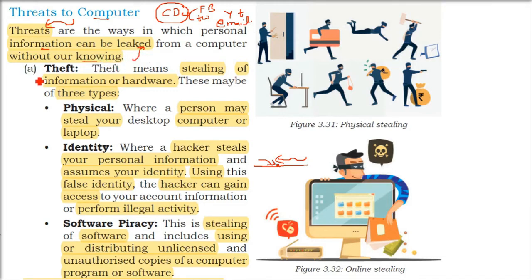So the first thing that comes is theft, chori, burglary. Theft is all about stealing of information and even the computing device that we call hardware. It can be a laptop, a mobile, a tablet. So this amounts to hardware theft as well as information theft.